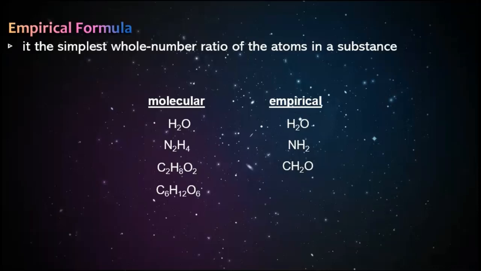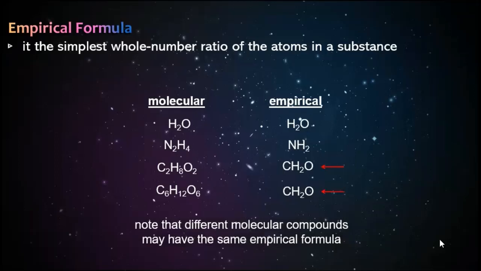Now, what is the empirical formula? The answer is CH2O. The common divisor is 6 to get the reduced form. Note that different molecular compounds may have the same empirical formula.